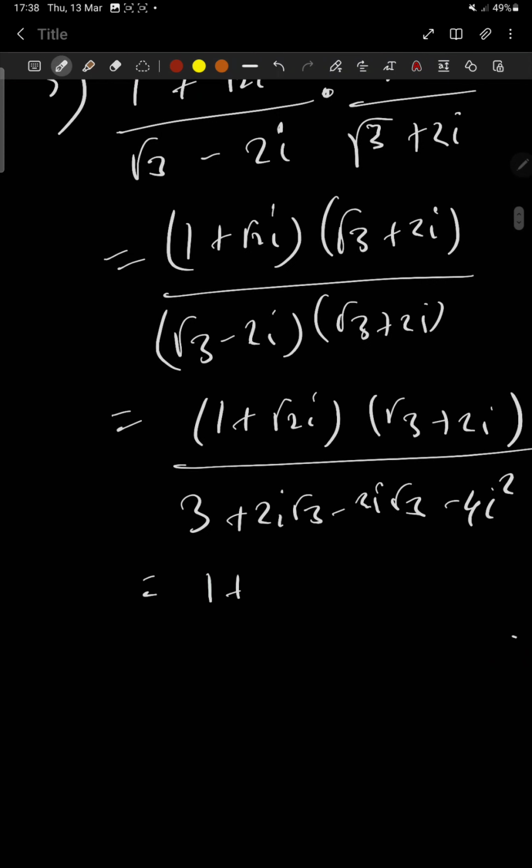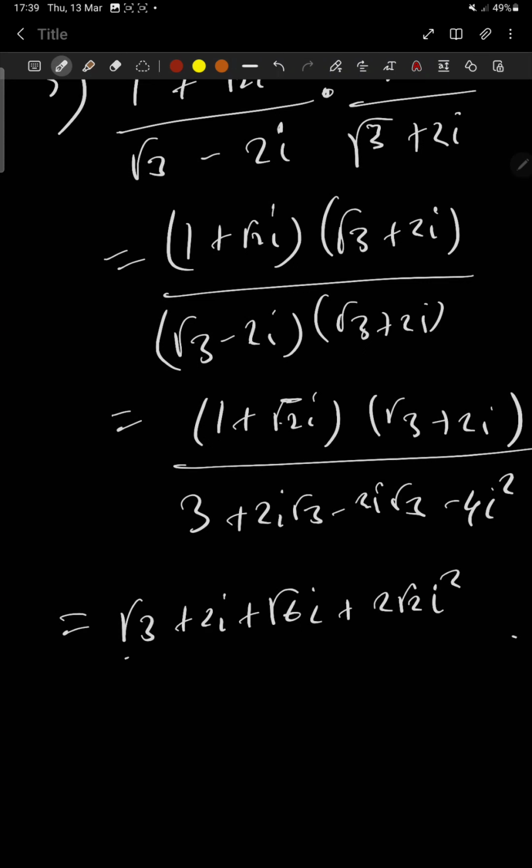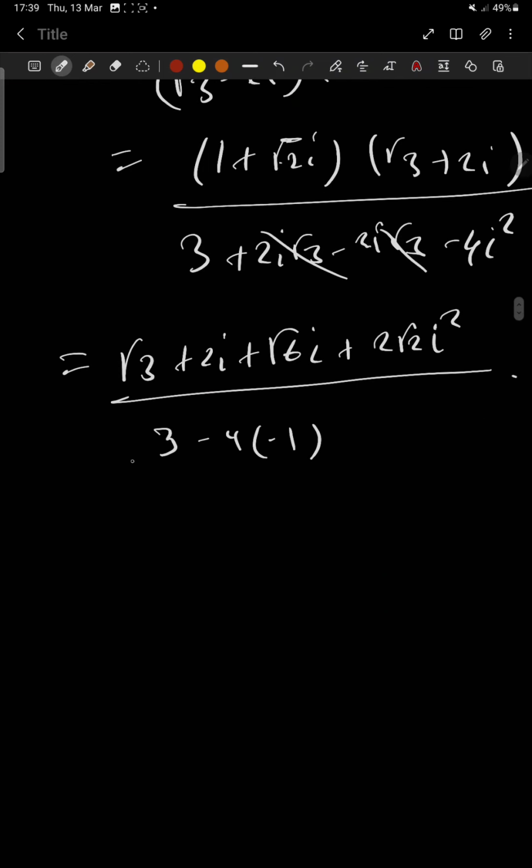Some lecturers would want you to expand. So let me expand square root of 3 plus 2i. If you multiply square roots, what is inside stays the same, so it will be the square root of 6, then the i outside, plus 2 square root of 2 i squared, over 3 minus 4, which is -1.